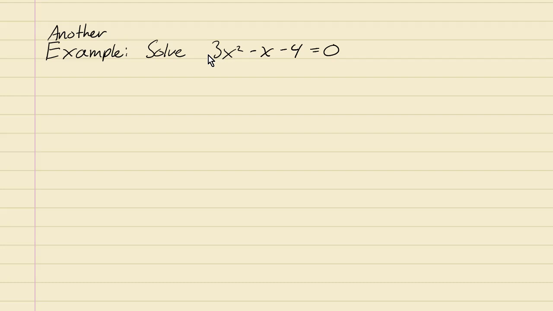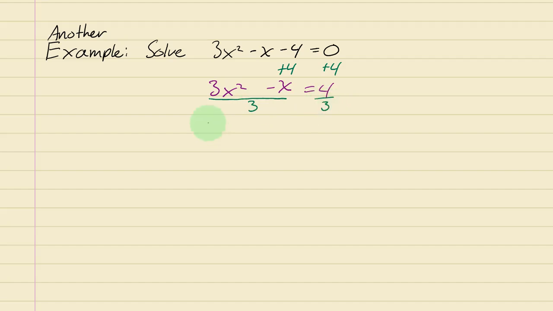Okay, so now that you've tried it yourself, here is my solution. I'm going to add 4 to both sides to get 3x squared minus x equals 4. Then I want to divide both sides by 3, because I want to get just x squared.